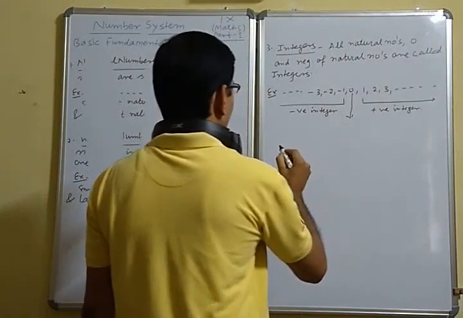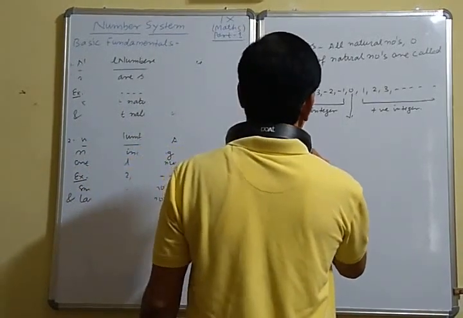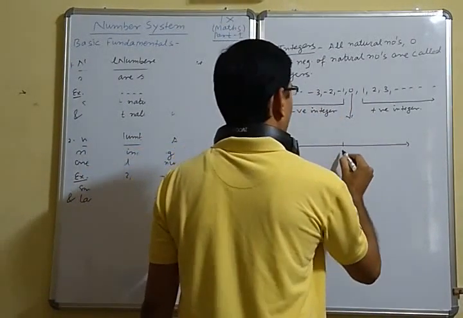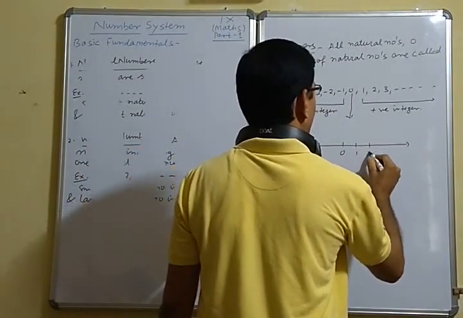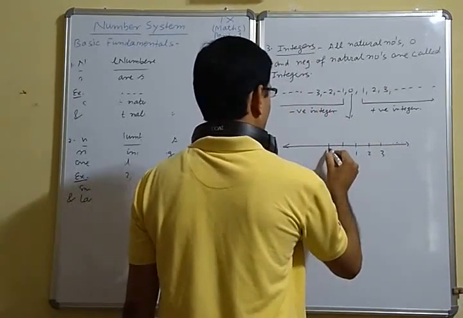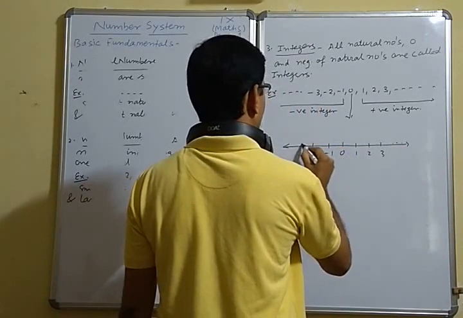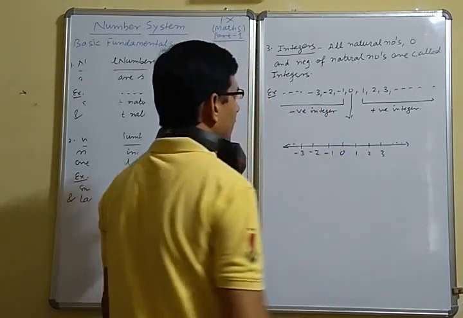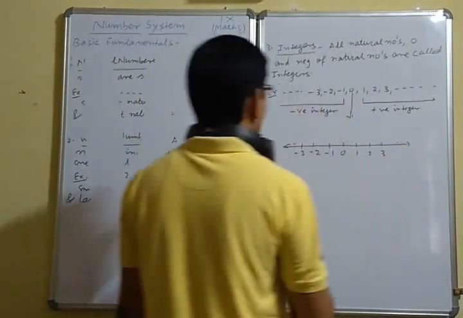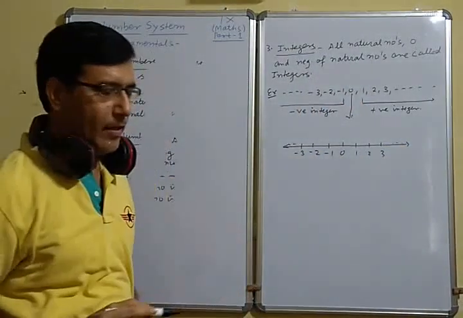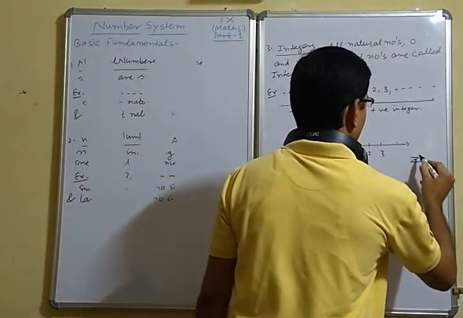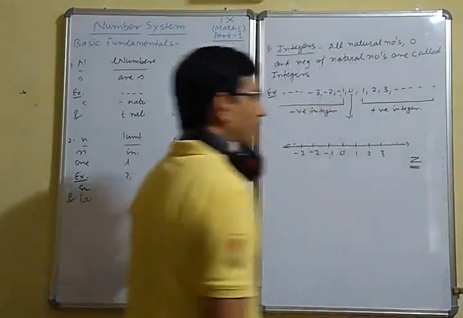If you want to represent it on a number line, take 0, 1, 2, 3, and so on. Similarly, here it is -1, -2, -3, and so on. So this is the representation of integers. Now the collection of integers is denoted by Z.